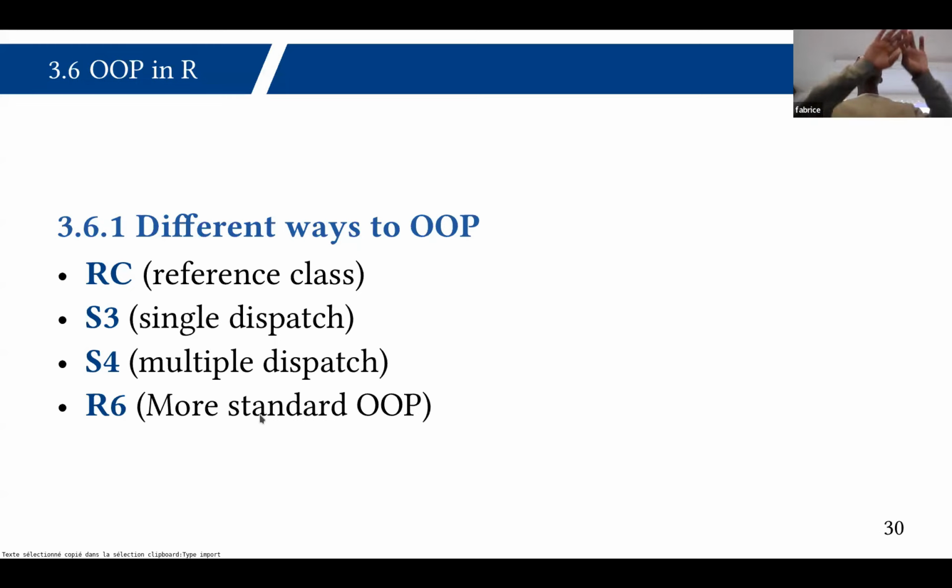TypR will just uniformize everything, and it will be based more on S3, but you will see that it's easier because it's an OP that looks more like how we build our modules or our packages, but still has its functional and object-oriented style.